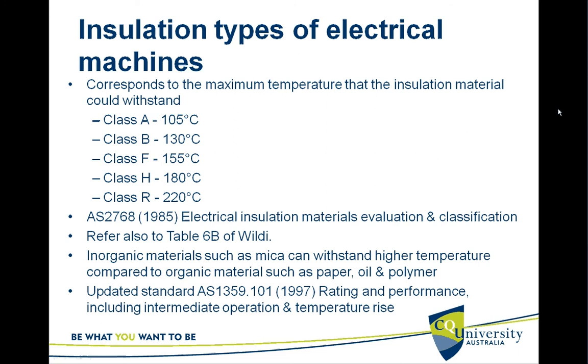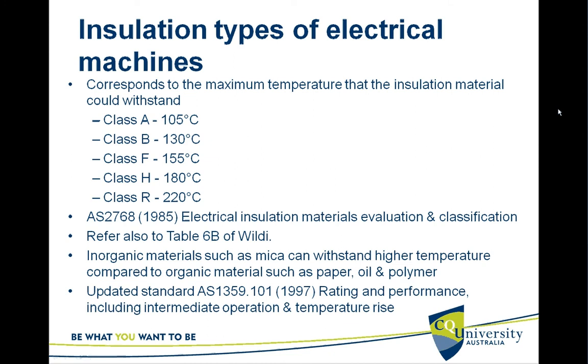Now AS2768, there could be a newer version of this one, Electrical insulation materials evaluation and classification, is one of the standards that defines these things, and there is a table 6b in WILDI as well.